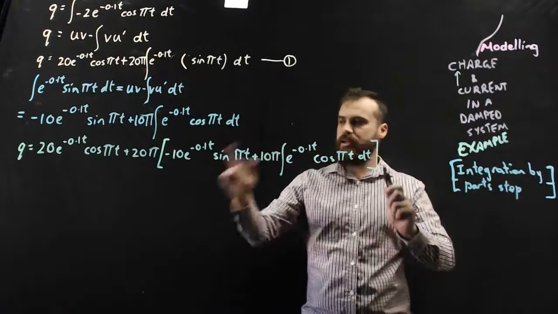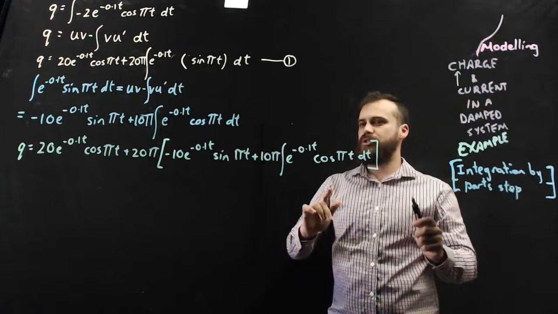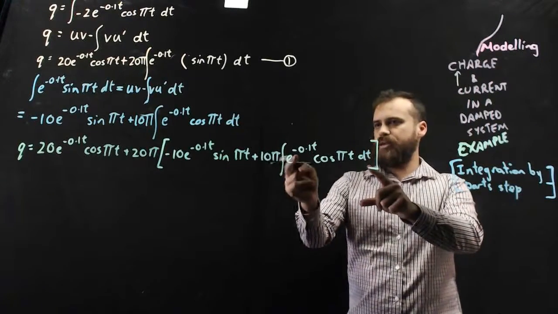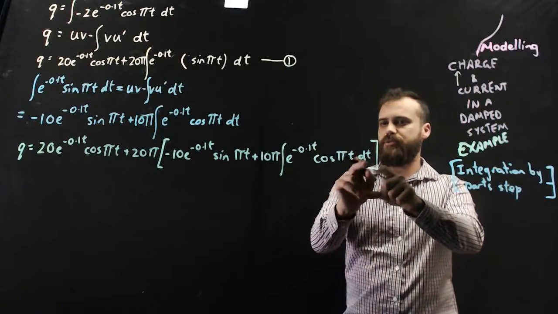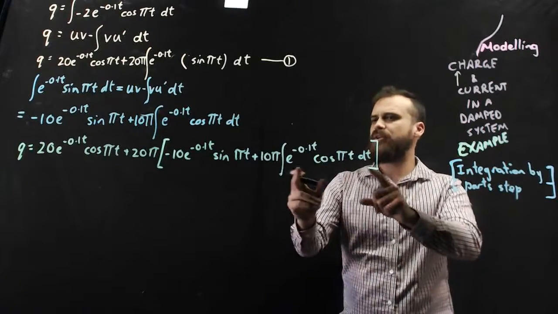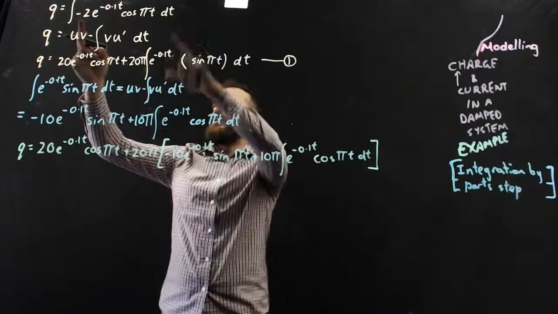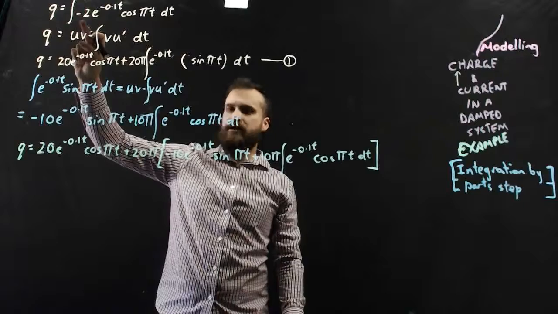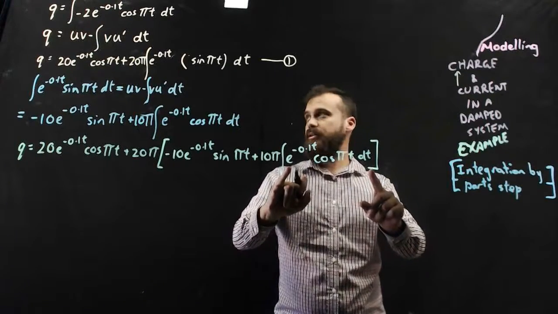And now, one last substitution, the sneaky one, because here, e to the negative 0.1t cos pi t with respect to t is very, very similar to what we started with, only there was like a negative 2 out the front. Alright, so we can replace that.